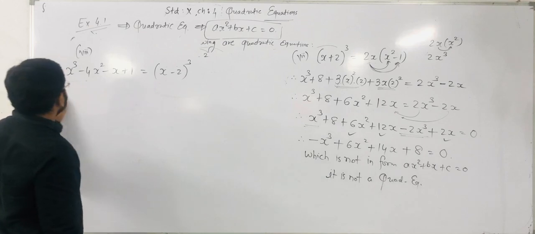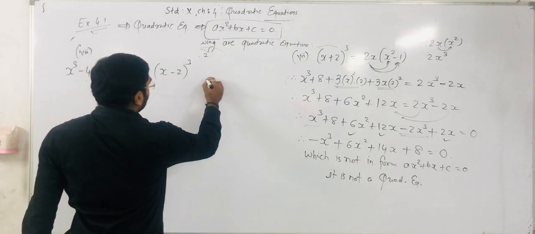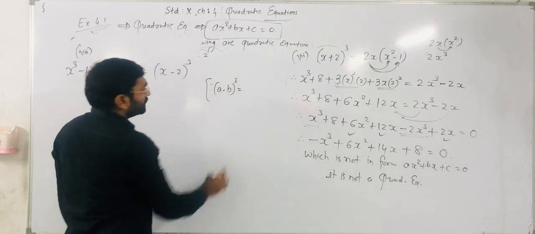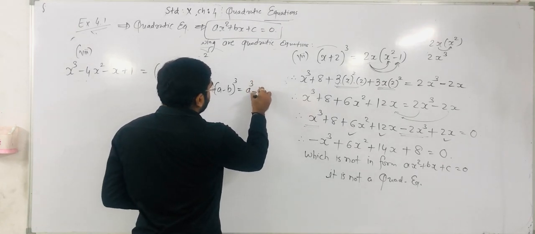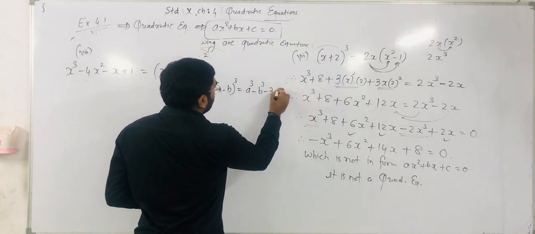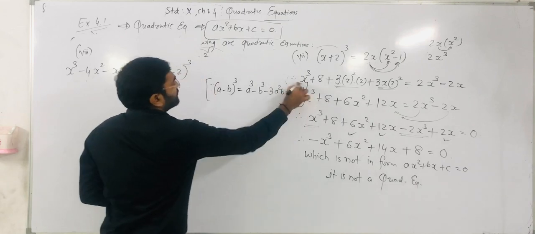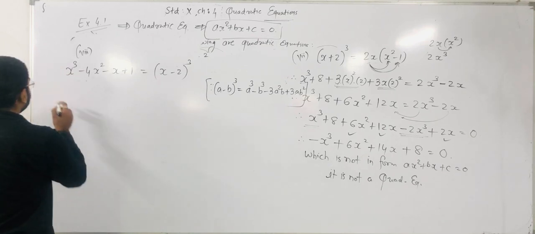So here the simplification is needed on the right hand side, where the cube of a subtraction of two terms is given. For that its identity is what? (a minus b) all cube. I hope all of you remember that: a cube minus b cube minus 3a square b plus 3ab square, right? That is our identity. So based on that we have to simplify the right hand side.